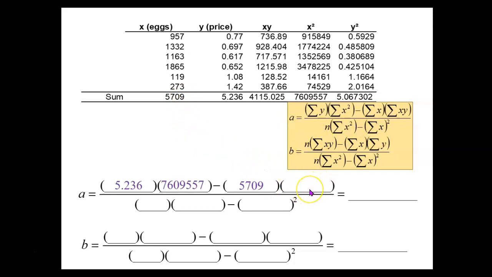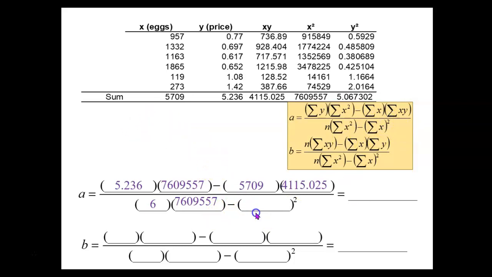And then here we need 4115.025, the sum of the x times y values. And on the bottom we have n, which is 6. There are 6 pairs of numbers here, times the sum of x squared, which is 7,609,557 again, minus the sum of x, squared.